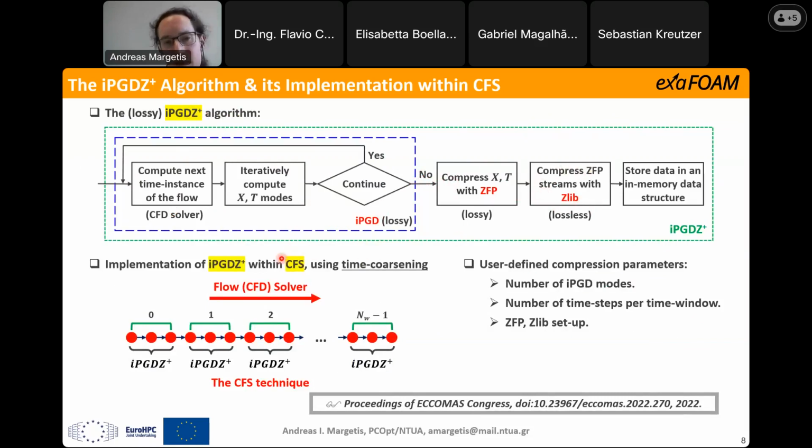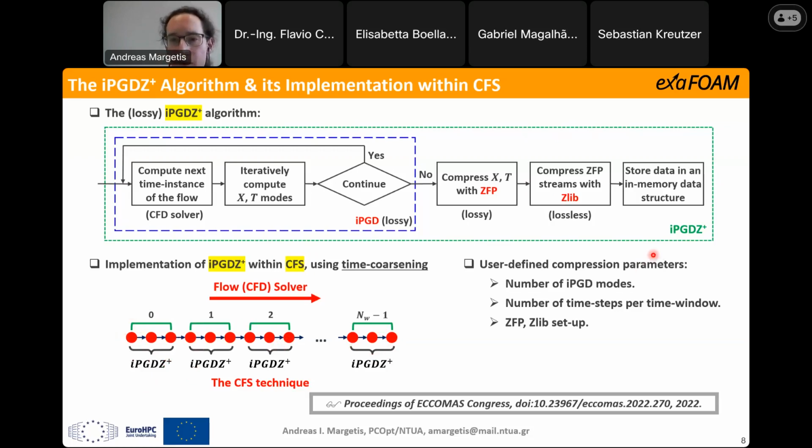The extra feature of CFS, of the compressed full storage strategy, is that it offers the possibility to partition the time domain into consecutive and non-overlapping time windows, each of which is compressed independently from the rest. This approach offers certain advantages, reducing significantly the computational overhead of the compression and decompression.